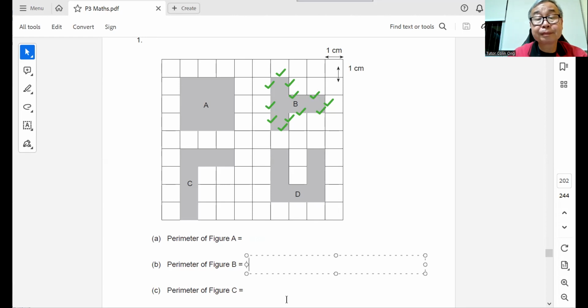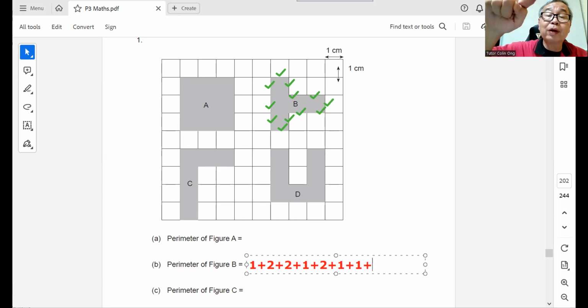It would be 1 plus 2 plus 2 plus 1 plus 2 plus 1 plus 1 plus, and then you go all the way on top, which is 3, which gives you a grand total of 12.